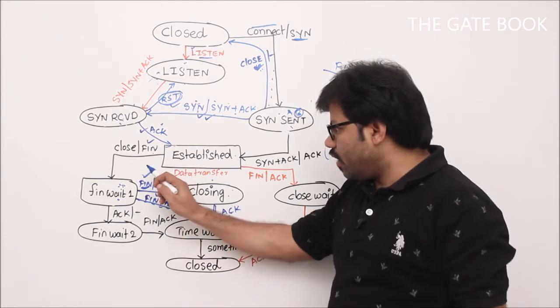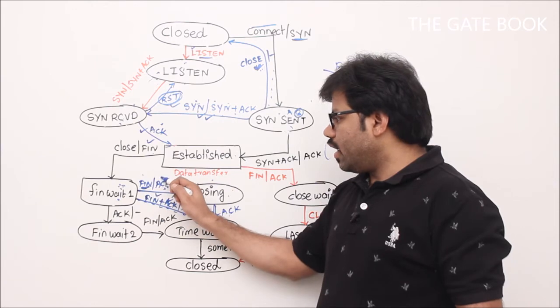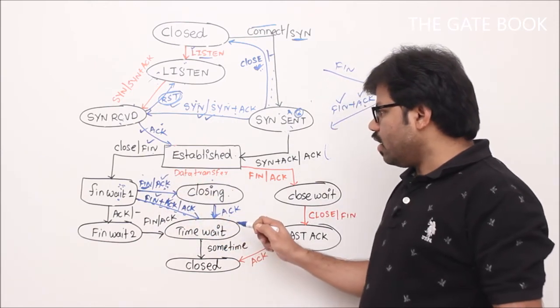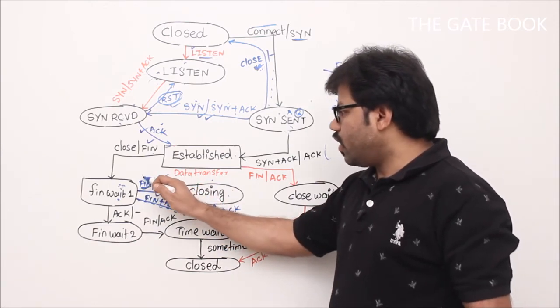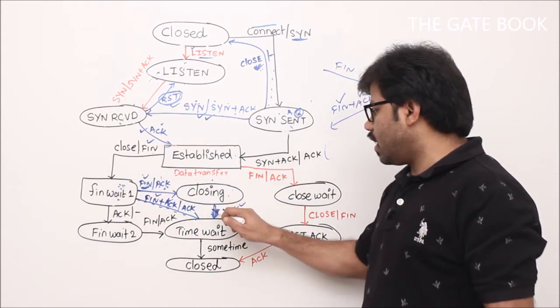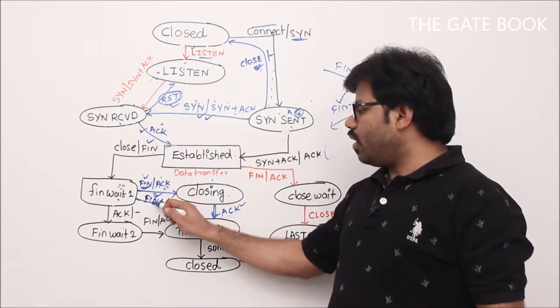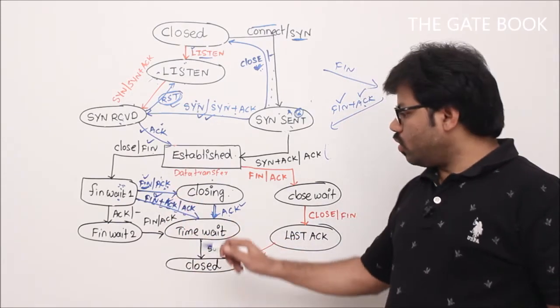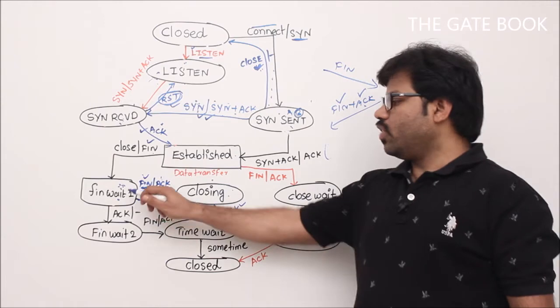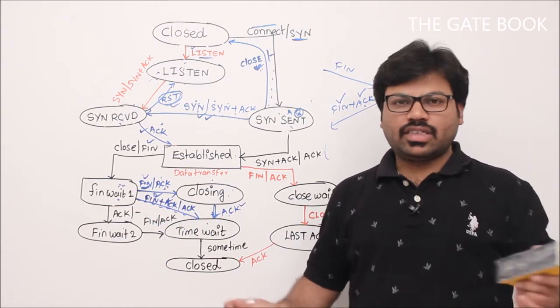Otherwise, I will tell you a shortcut. When you are in FIN wait 1, after getting FIN and after getting ACK, you reach time wait, right? But directly in one packet, if you get FIN plus ACK, you are supposed to go to time wait. That's why when you are in the FIN wait 1 state, if you get FIN plus ACK, then we can close the complete connection.